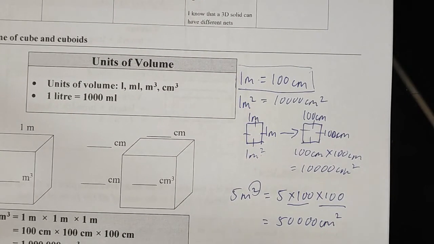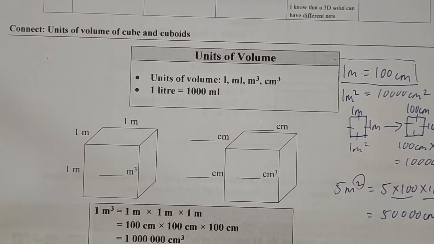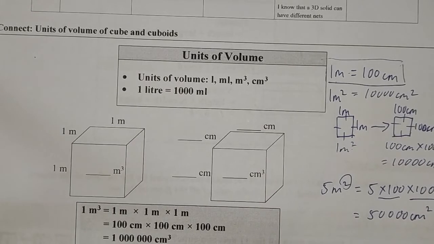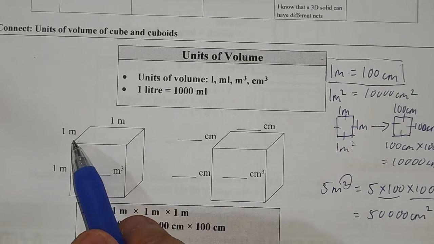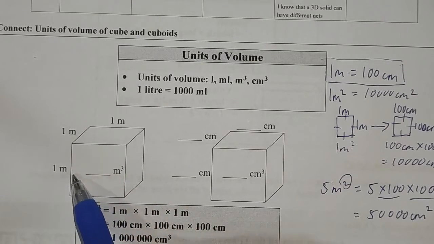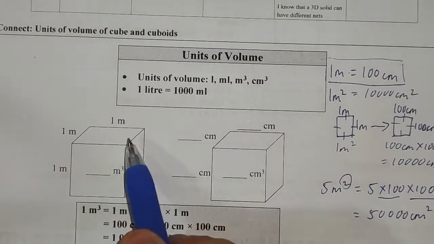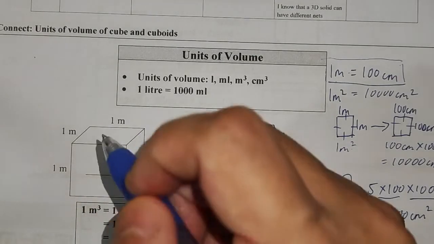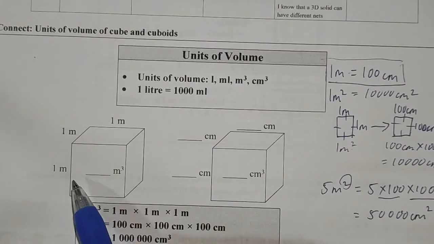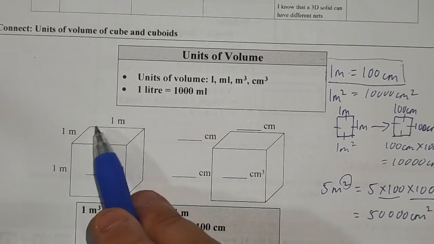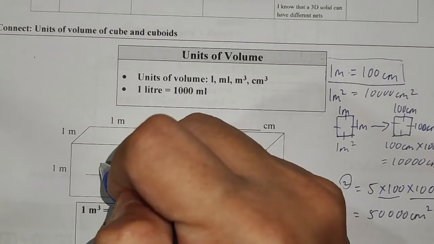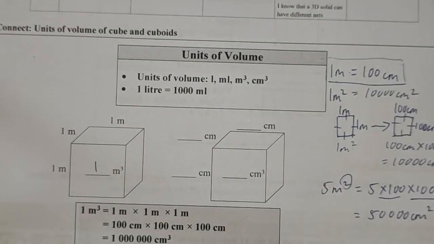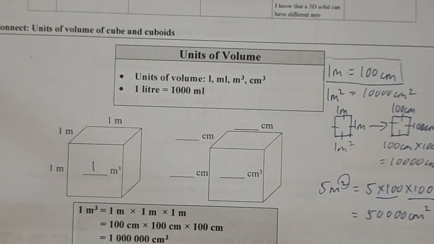Now that we know how to convert from meter square to centimeter square, I'm going to move on to how to convert a meter cube to a centimeter cube. Here you have a cube, which is a 3D object with length, breadth, and height all of equal length. How do I find the volume? I take the height multiplied by the length and the breadth. So it's 1 meter times 1 meter times 1 meter.